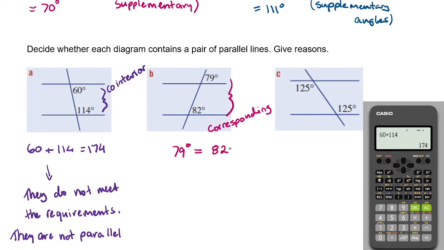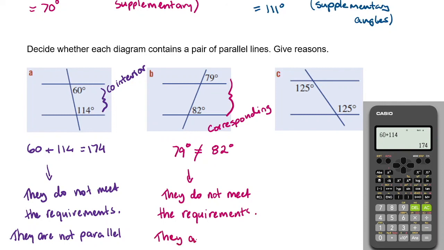Does 79 equal 82? Well, no, it doesn't. So again, we're not meeting those requirements. So these guys are not parallel. Okay, our last set of questions.